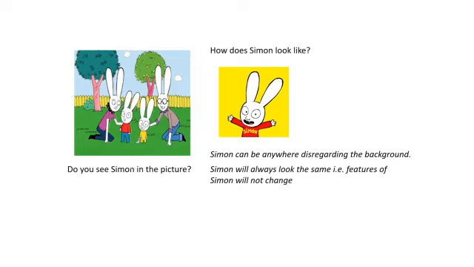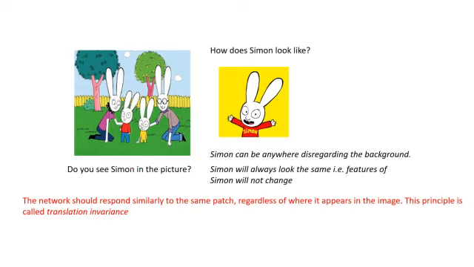Because this story contains two very important characteristics of an image. First is the translation invariance, which means the neural network should respond similarly to the same patch regardless of where it appears in the image. Here, the background of Simon is yellow, while here the background of Simon is green, because Simon is standing probably in a park or maybe in a garden.